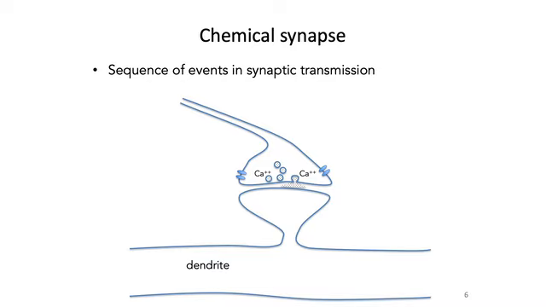The vesicles are coated with actual pumps that take neurotransmitter from the inside of the cell and pump it into the vesicle. So calcium flows in, the vesicle fuses, and releases neurotransmitter into the cleft. Neurotransmitter then diffuses in the cleft. You could actually calculate how long it takes to get from one side to the other now, I think.